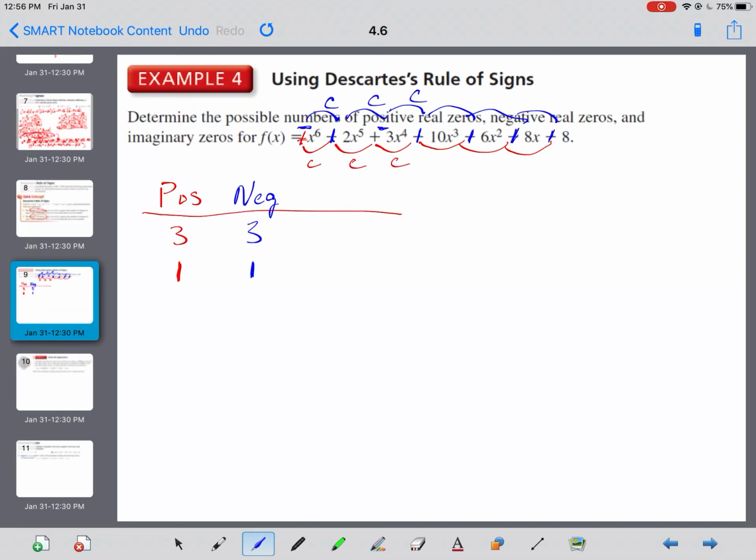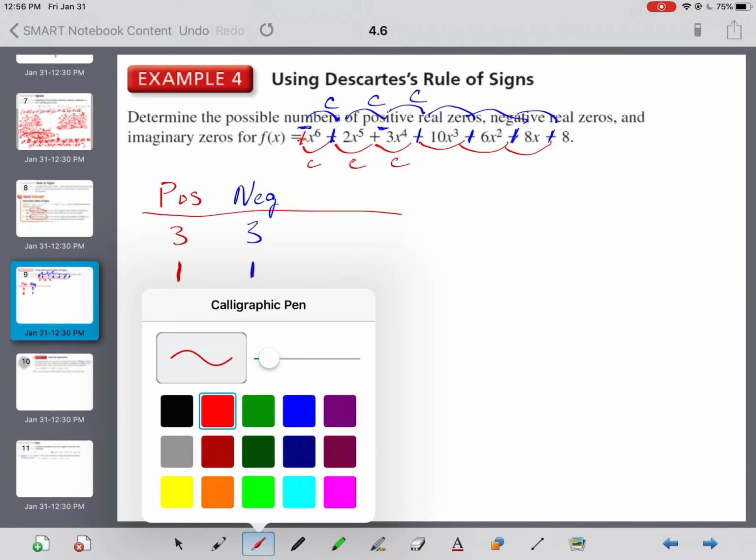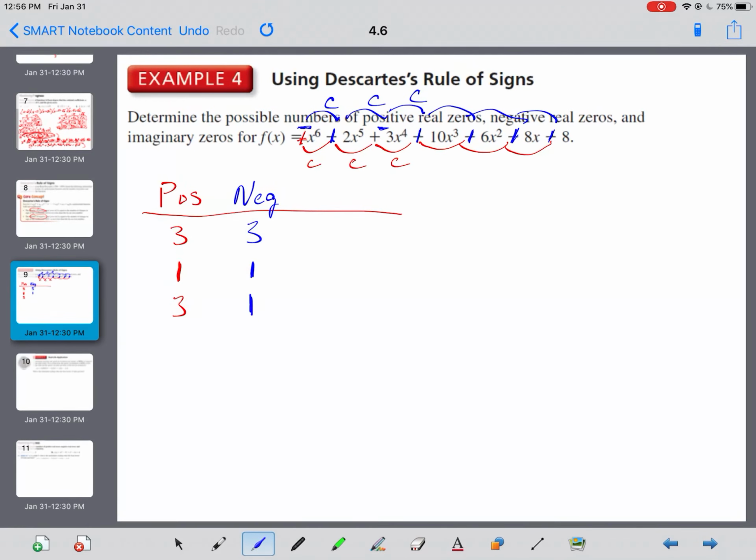We're supposed to have a total of 6. So here's how this gets interesting. If I had 3 positive, I could end up having 1 negative. If I had 1 positive, I could have 3 negative. But I have to have those combinations of things.